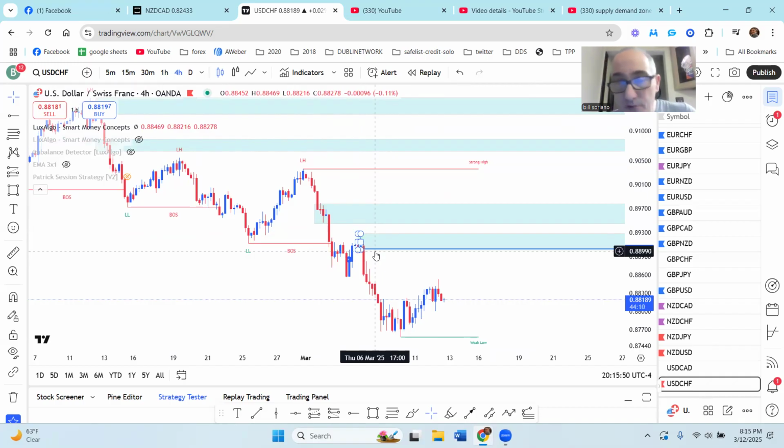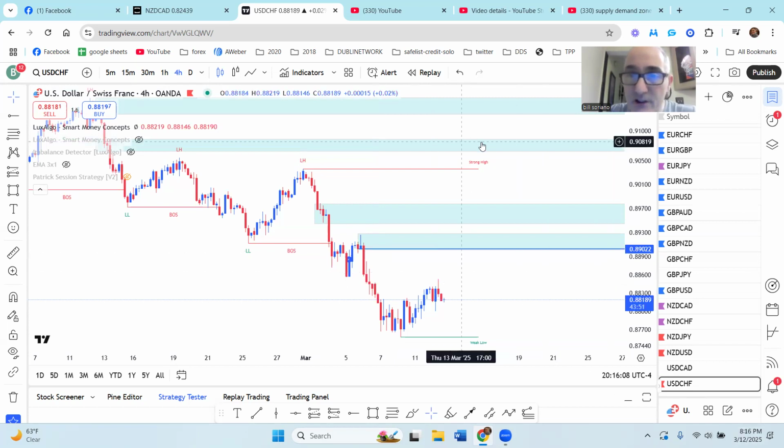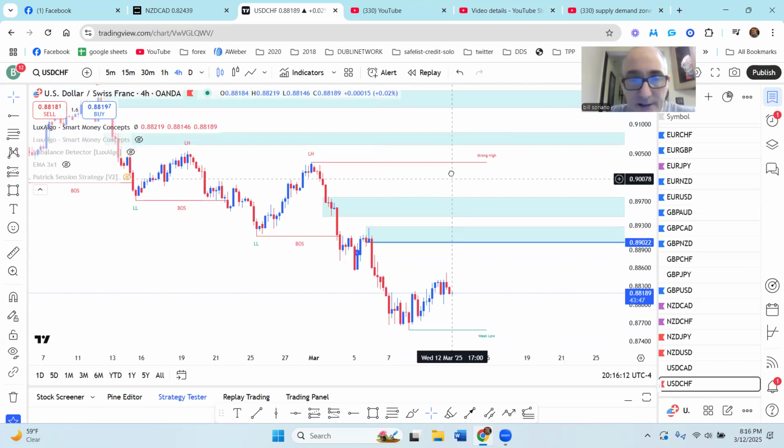So you're in a bullish market, you get a bullish break of structure to the upside, right? Now, a change of character is a break of structure the opposite way. So you were bullish, it takes out the swing low, and now you have a change of character to the downside, telling you that the trend may be changing to bearish. So I go over that in the training in that video, and I'll have the link here.